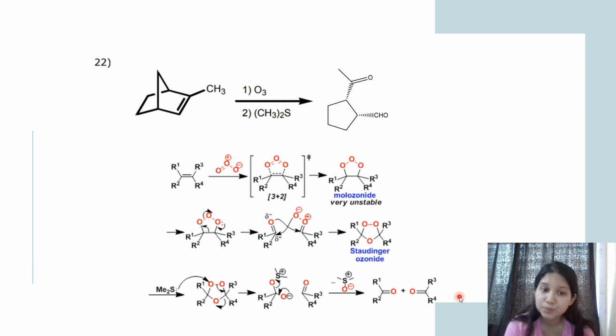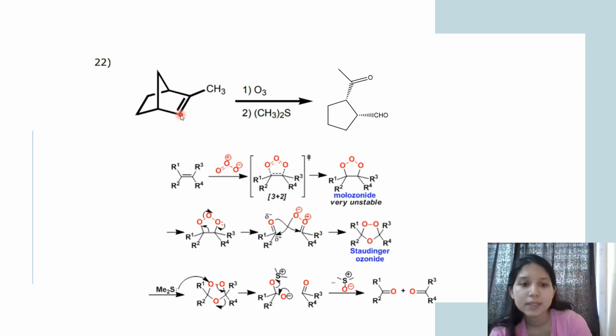So now let us move to the original example. What will happen if it follows the similar mechanism? You get breakage of this carbon-carbon double bond, and in turn you will get carbonyl groups at these two carbon positions. Okay.